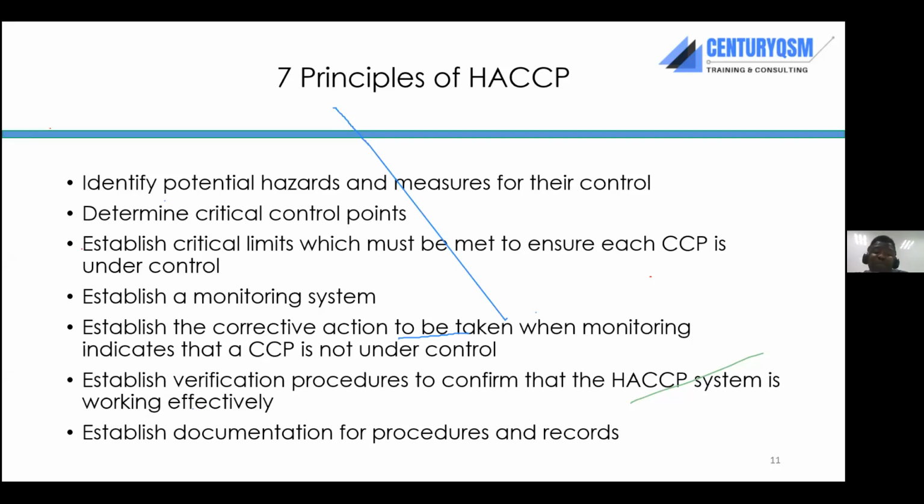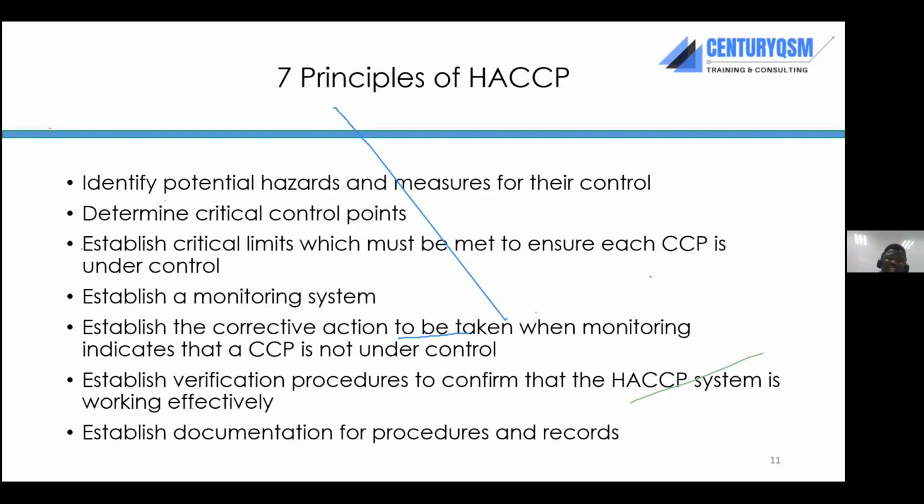So for each of your process steps, you identify the potential hazard, you put measures for their control, you determine if it's a critical control point or not, you put critical limits at that point, then you establish a monitoring system, like maybe you put your magnet or your sieve.